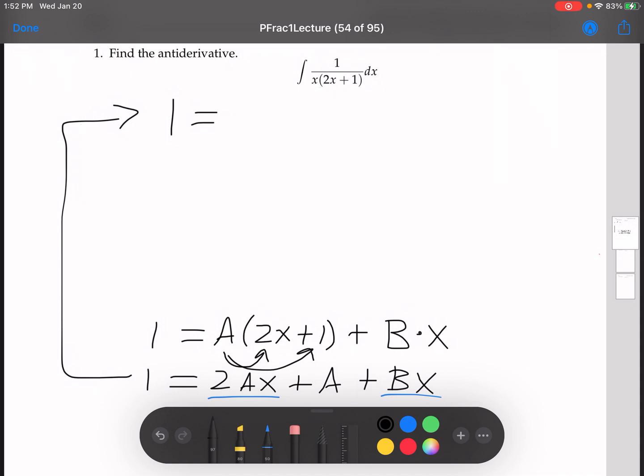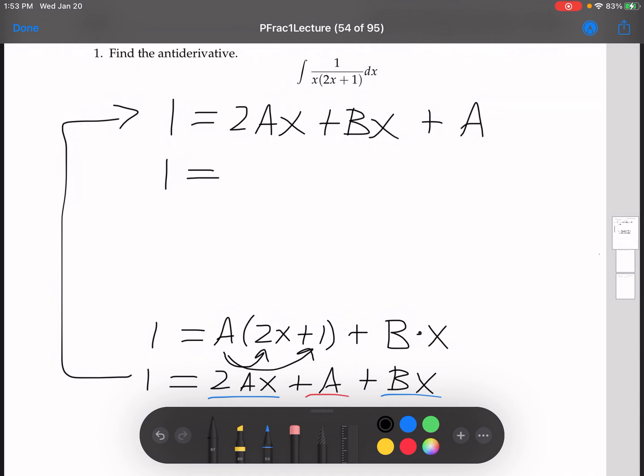And I have 2Ax plus Bx, and then I leave this, then I collect all the things without an x together. In this case, there's only one thing without an x, so I just collect that by itself, plus A.